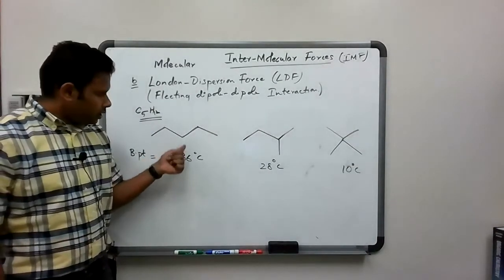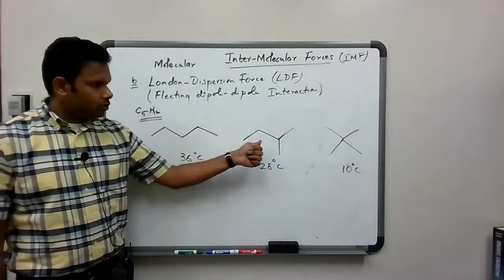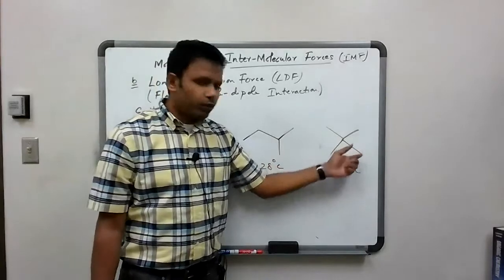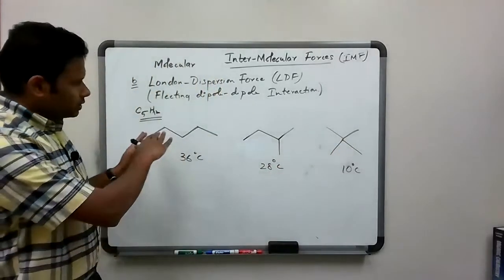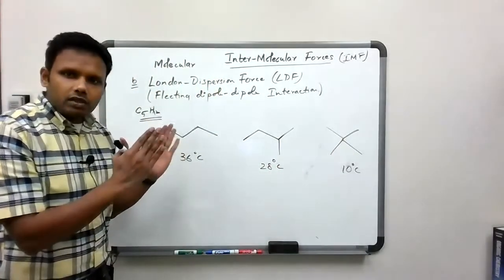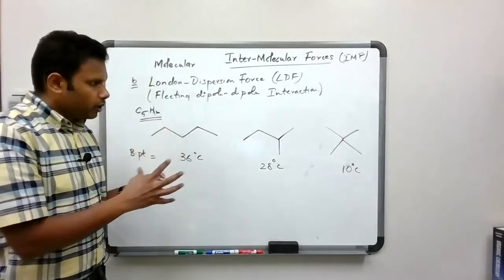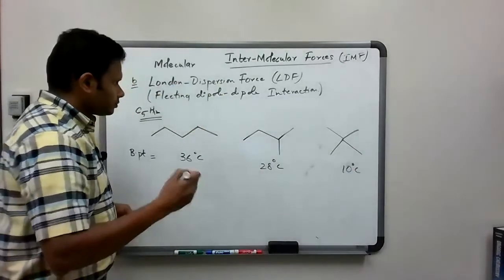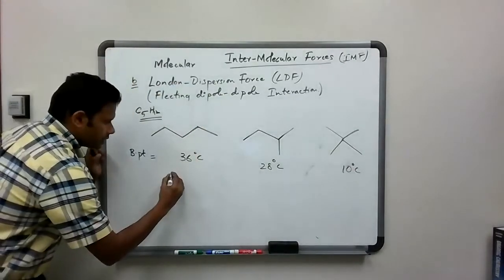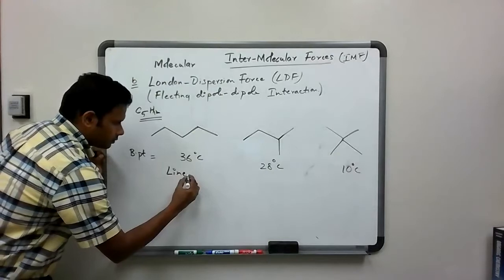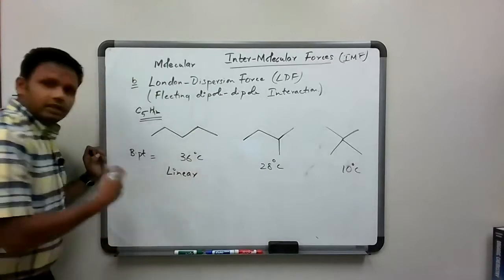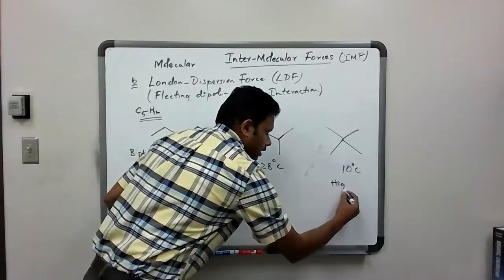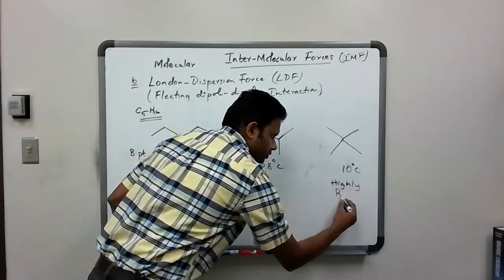So what is different about them in terms of the structure? As you notice, going from pentane to 2-methylbutane to 2,2-dimethylpropane, the length of the chain decreases. The molecules are becoming more and more compact or branched. So this is a linear chain, whereas this is highly branched.